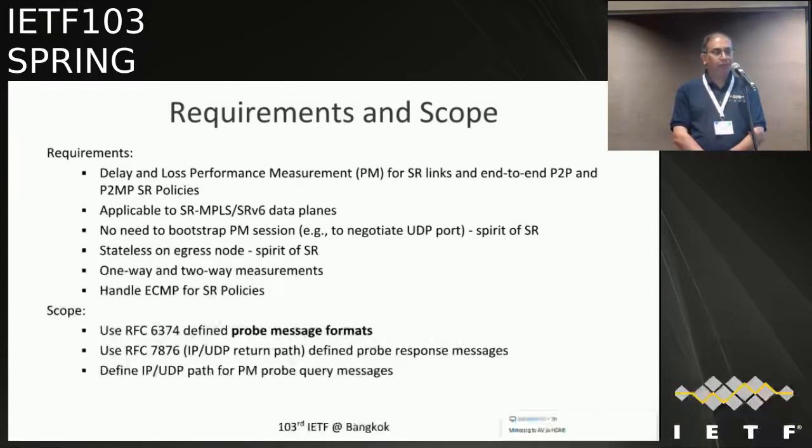Yeah, good question. RFC 6374 has been around, implemented and used for MPLS. So it's good to bring that into segment routing and make it work for SRv6 as well as SR MPLS. The main objective is to use RFC 6374.